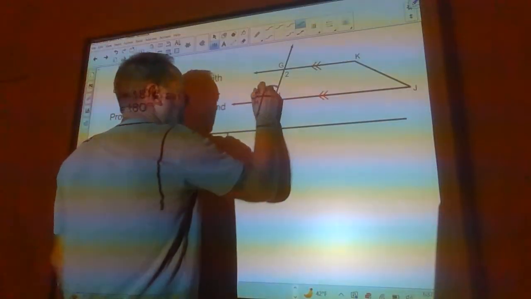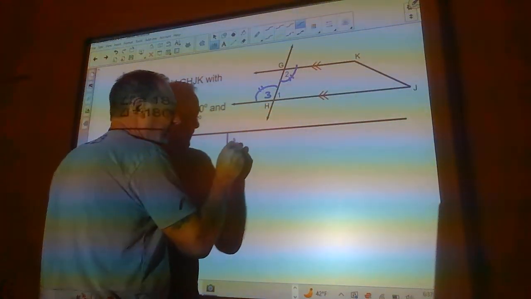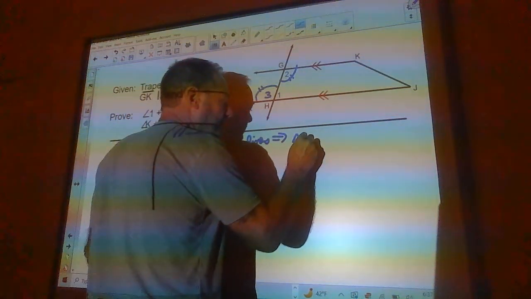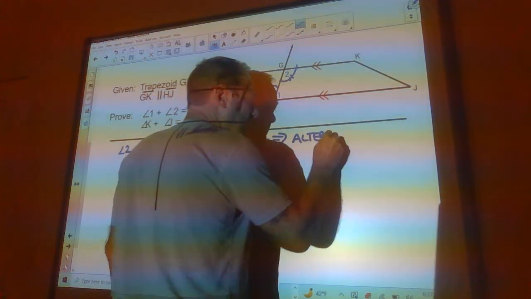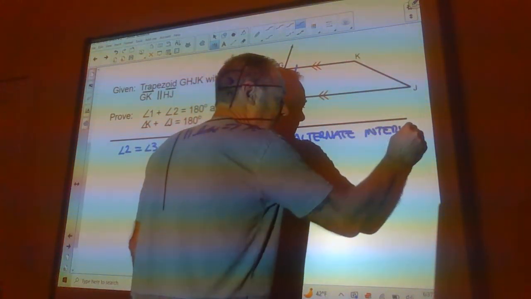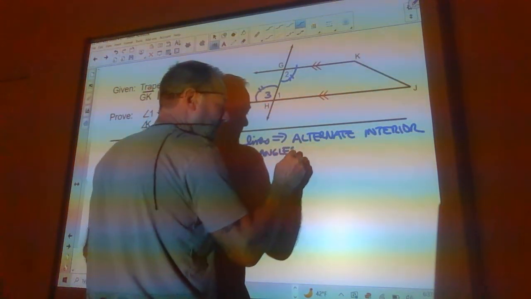So this angle is equal to this angle, and that's because parallel lines imply that alternate interior angles must be equal.